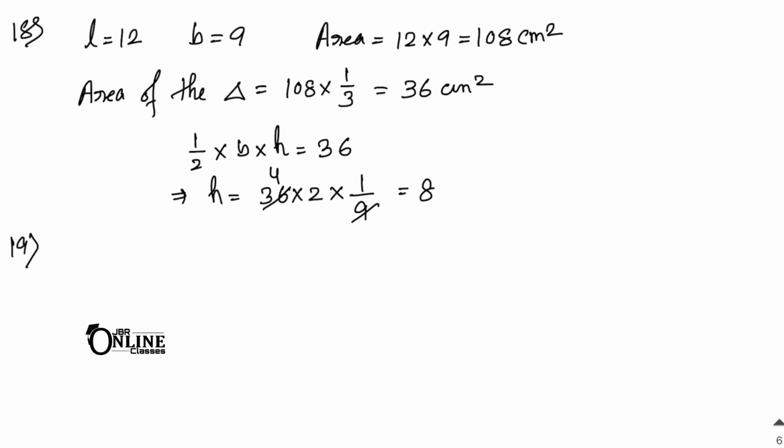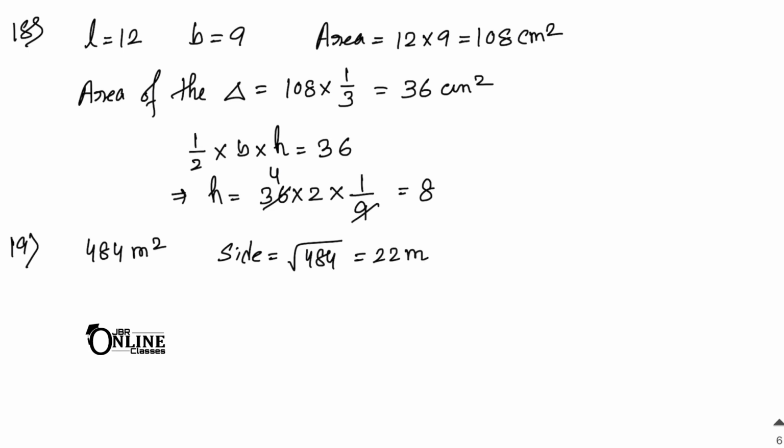In sum number 19, the area of a square plot is 484 meter square. So if area equal to 484 meter square, then definitely side of the square equal to root over 484, and that equal to 22 meter.